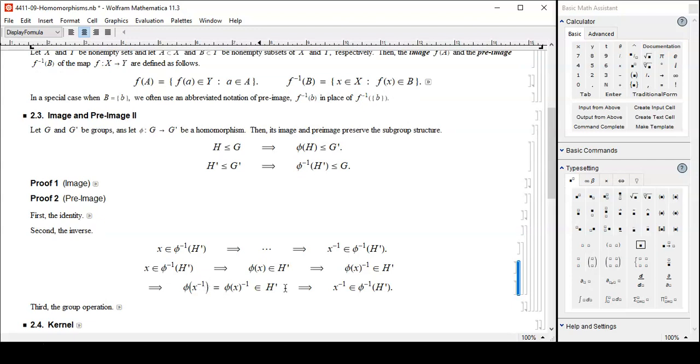Phi of x inverse belongs to H prime, so x inverse belongs to the preimage. That completes the proof for the inverse. Make sense? From here to there, use the property that H prime is a subgroup. And here, we use the property that phi is a homomorphism, so it preserves the inverse.